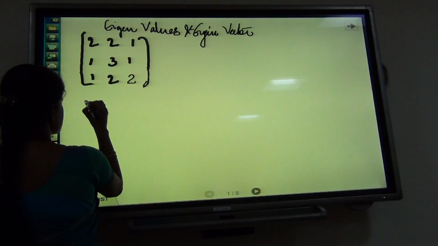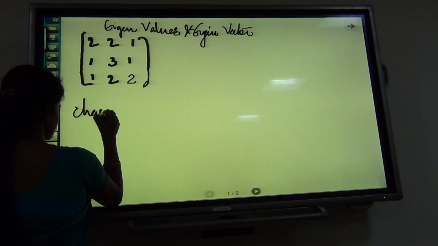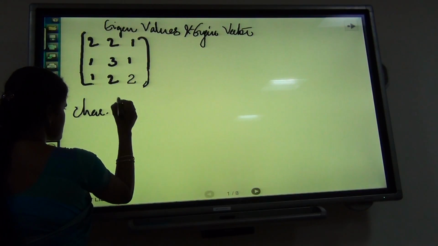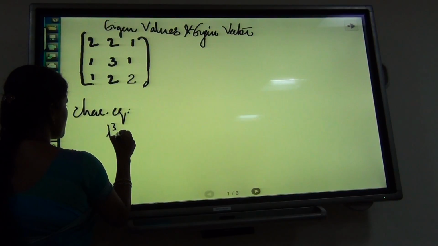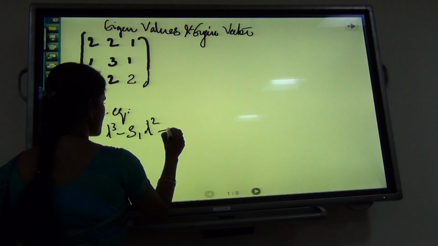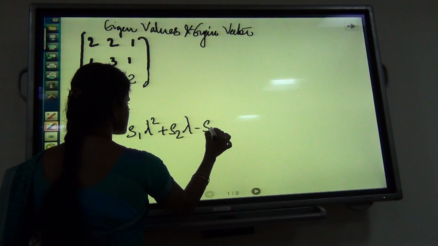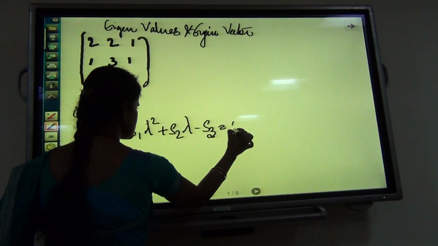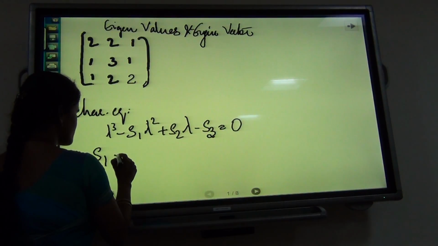The characteristic equation takes the form lambda cube minus s1 lambda square plus s2 lambda minus s3 is equal to 0. Let us find s1, s2 and s3.